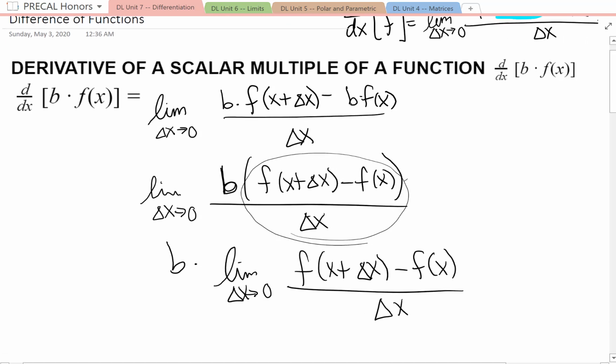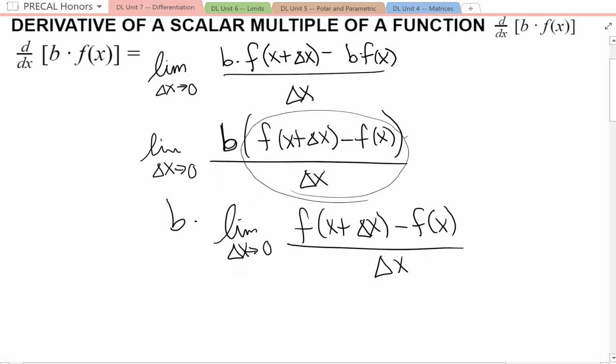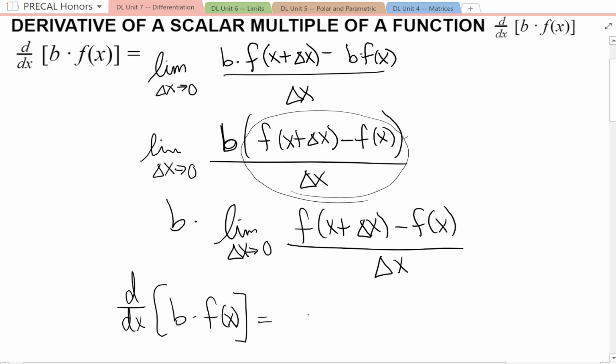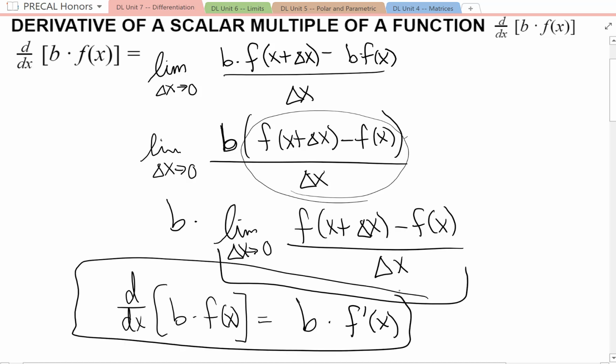And if you notice, that's the definition we started with. So when you take the derivative with respect to x of some constant multiplied by a function of x, you simply get b times the derivative of the original function, so b times f prime of x. That is the constant multiple rule.